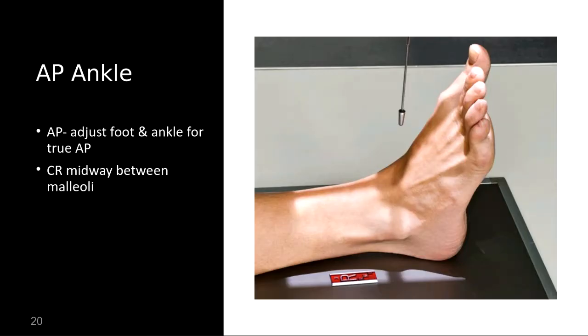Now, when we look at the AP ankle, notice it says for the AP, you want to adjust the foot and ankle for a true AP. So you want to make sure that the entire lower leg is not rotated, and the intermalleolar line should not be parallel to the IR.